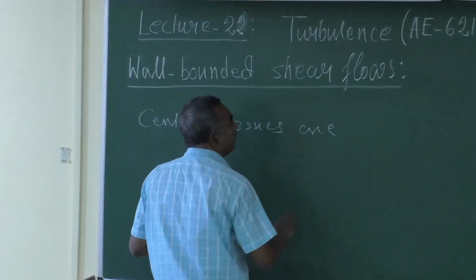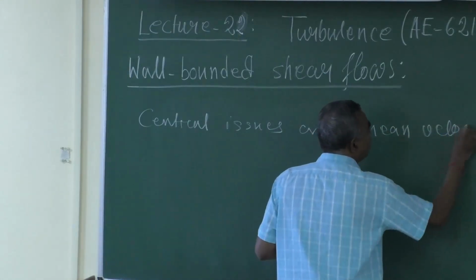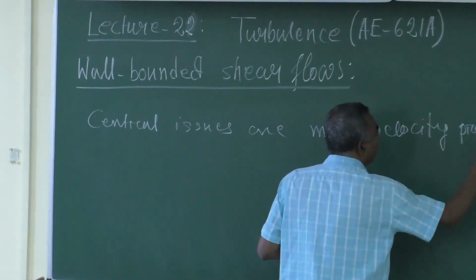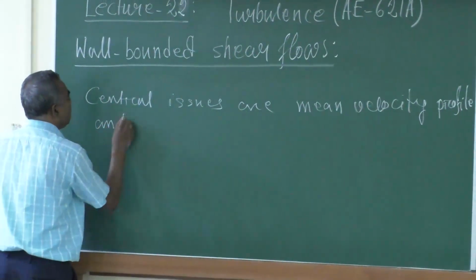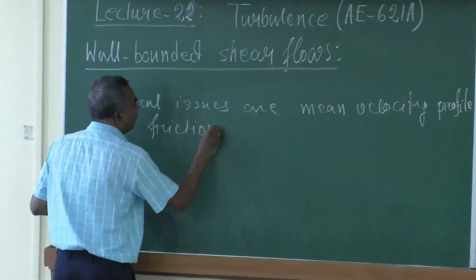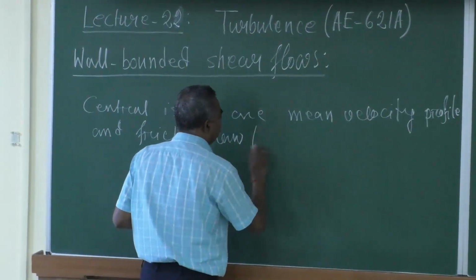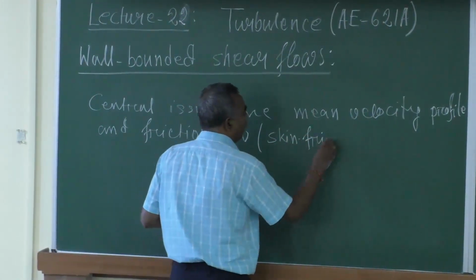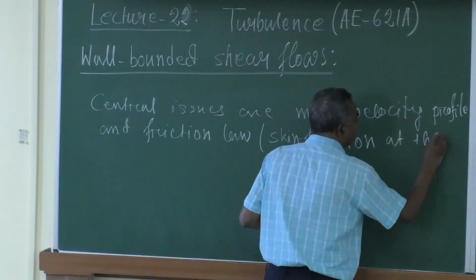So, the central issues or main problems with these flows are the mean velocity profile and the friction law, that is, the skin friction at the wall.